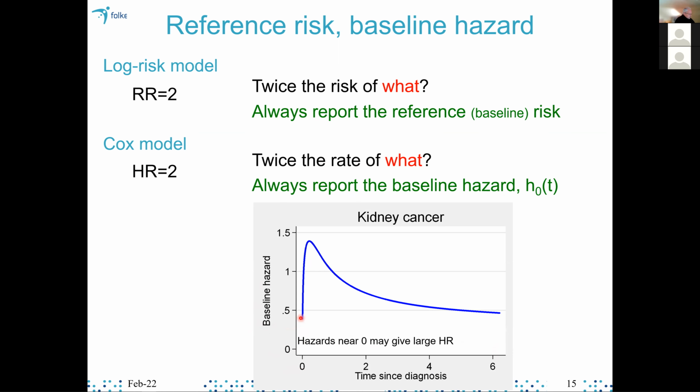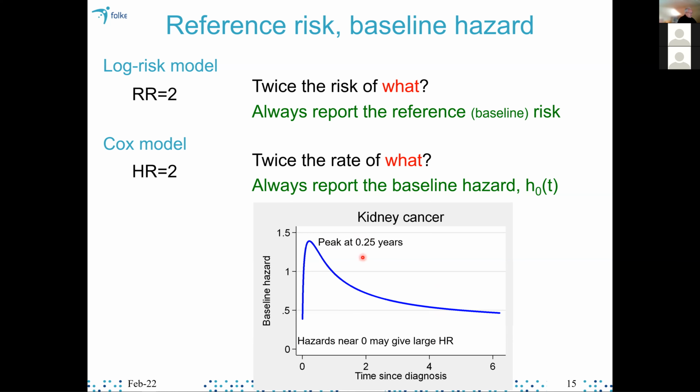we are interested in whether there are any hazards very close to 0. This one is not close to 0. But if you have that, then you may get very large hazard ratios because you're dividing by something close to 0. We also see that this one peaks very early, after a quarter of a year or 3 months.